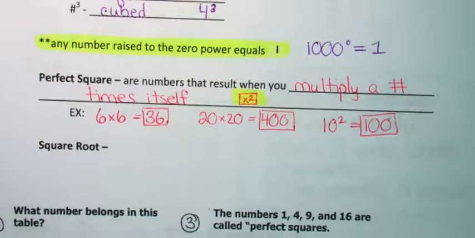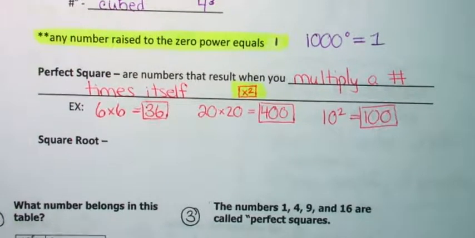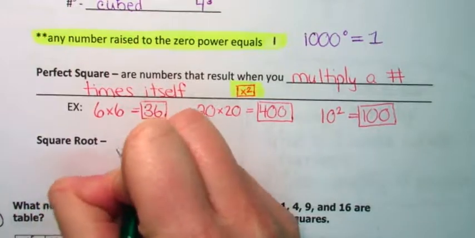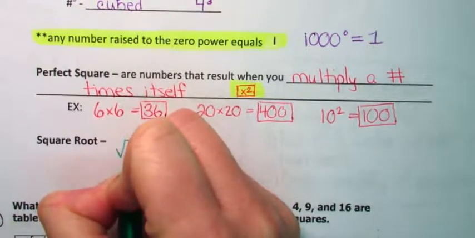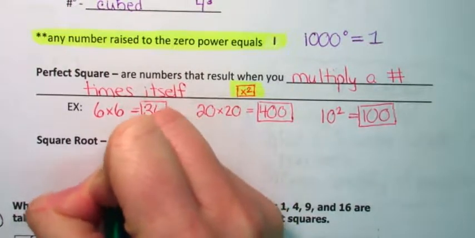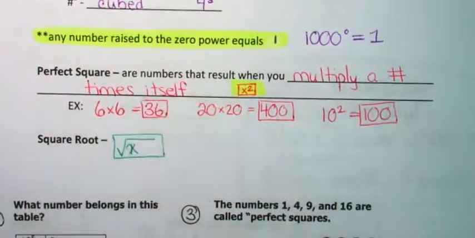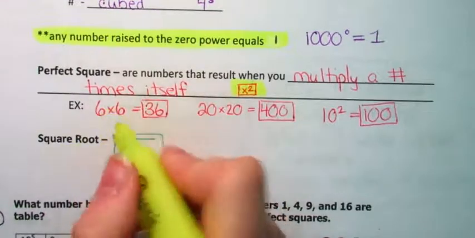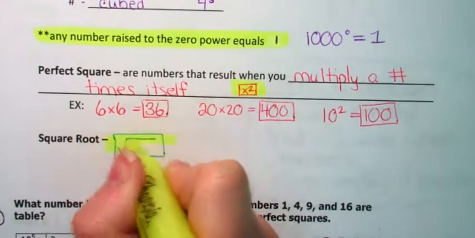Now, square roots are kind of the opposite. The square root is this symbol right here that we see quite often. On your calculator, it has a little X in the middle of it. So it's the button that looks like this, the square root. And the square root's when you can kind of work backwards.